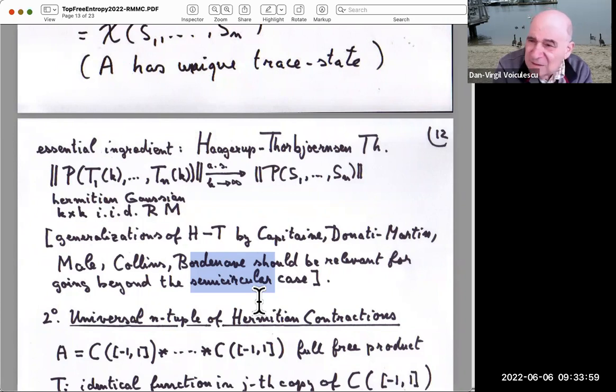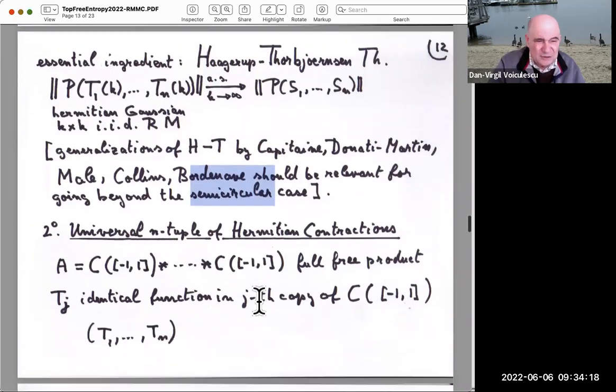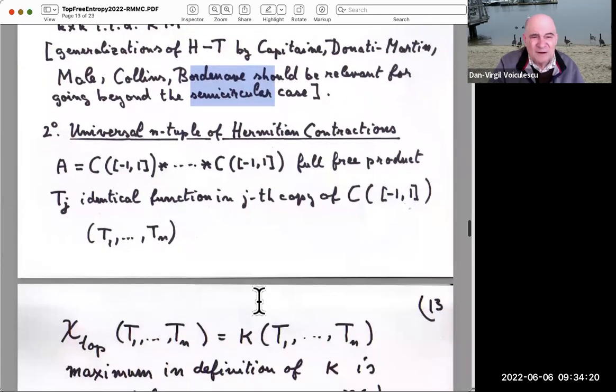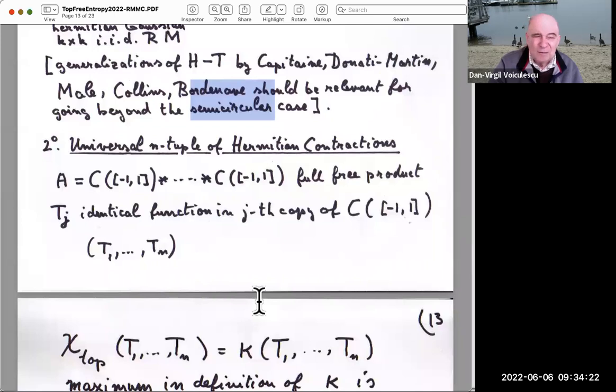I think this work is very relevant to getting immediate consequences about topological free entropy.